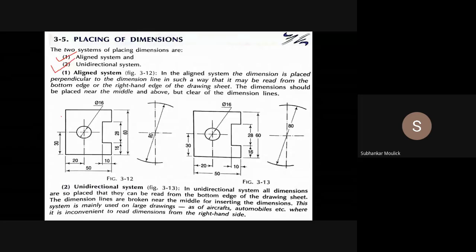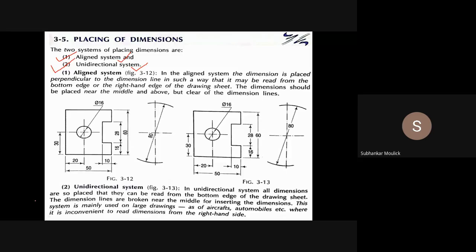What is the aligned system and what is the unidirectional system? See, a drawing has been drawn. Both the drawings are similar, but they differ in dimension. In figure 3.12, we have used the aligned system of dimensioning. In figure 3.13, we have used the unidirectional system of dimensioning.